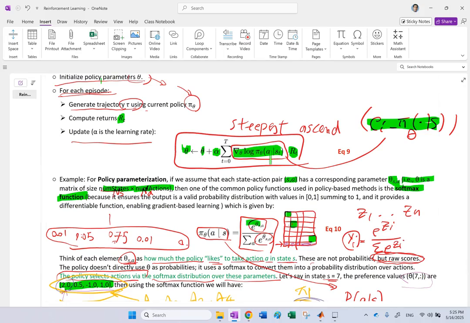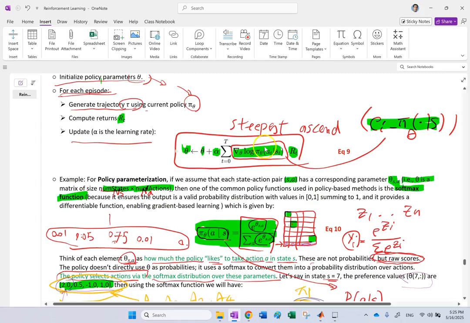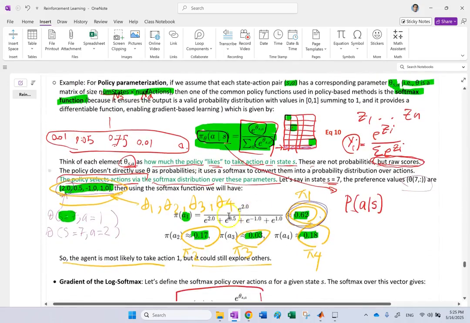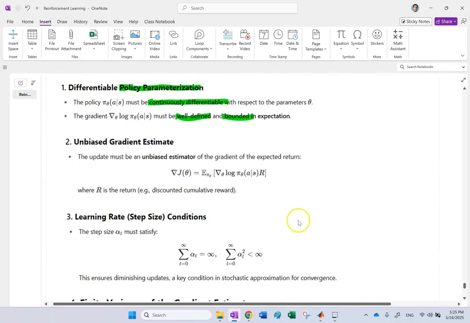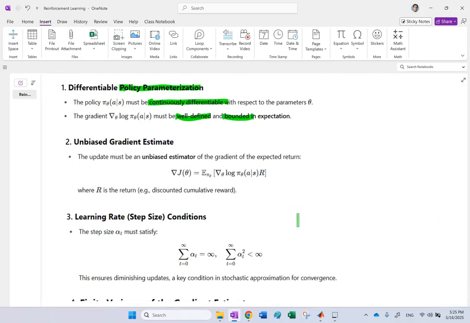They picked this function because it not only acts like a probability, it is also between 0 and 1, and most importantly, it is a continuously differentiable function, and it has a bounded derivative. So this is a very good common function. The other thing is the estimate that you have of the gradient of the cost function should not be biased.